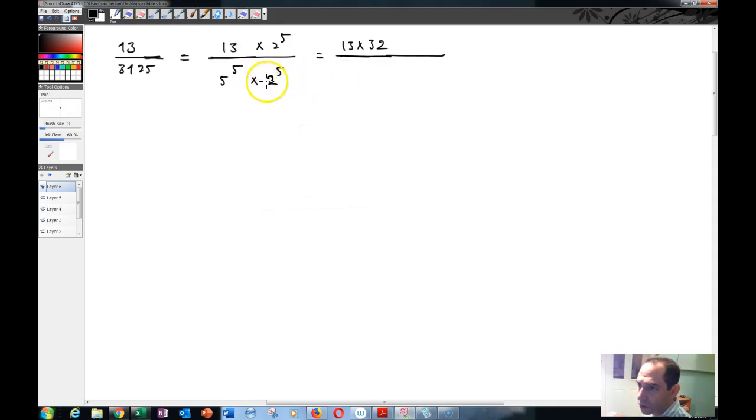What you can do is write this as 5 into 2 raised to the power 5, which is the same thing as 13 times 32 over 10 raised to the power 5.